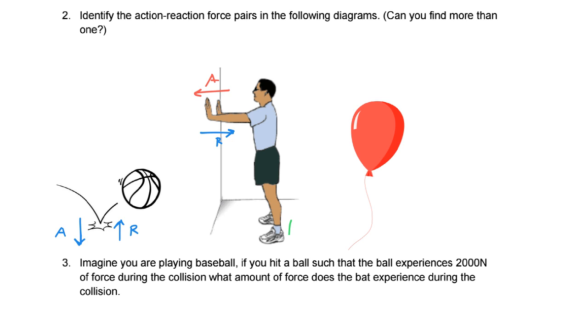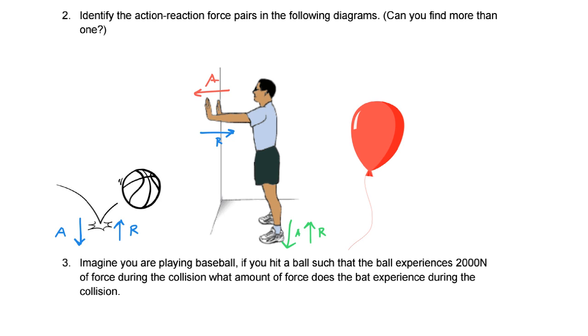So their feet are pushing down into the earth, and the earth is pushing back. Action, reaction. Another one we could draw for every single object is the action-reaction force of gravity. The earth pulls us down, but we also pull the earth back up.